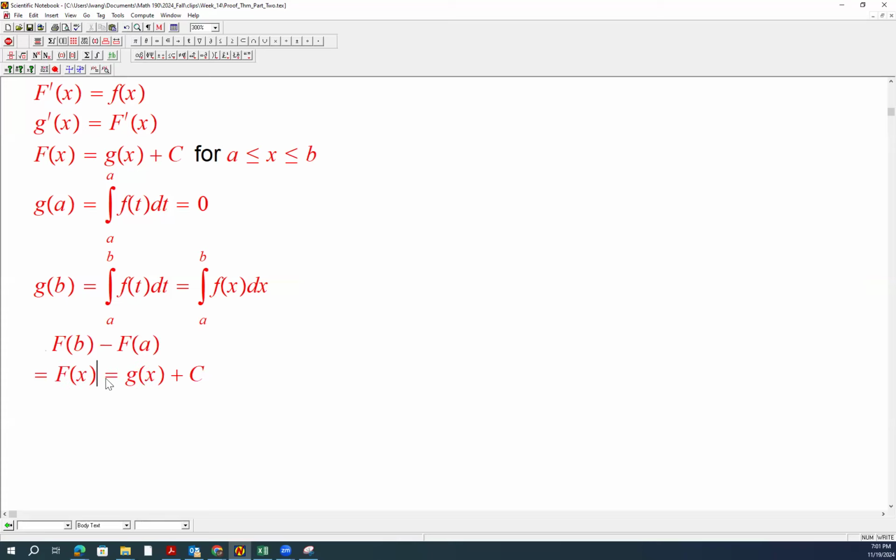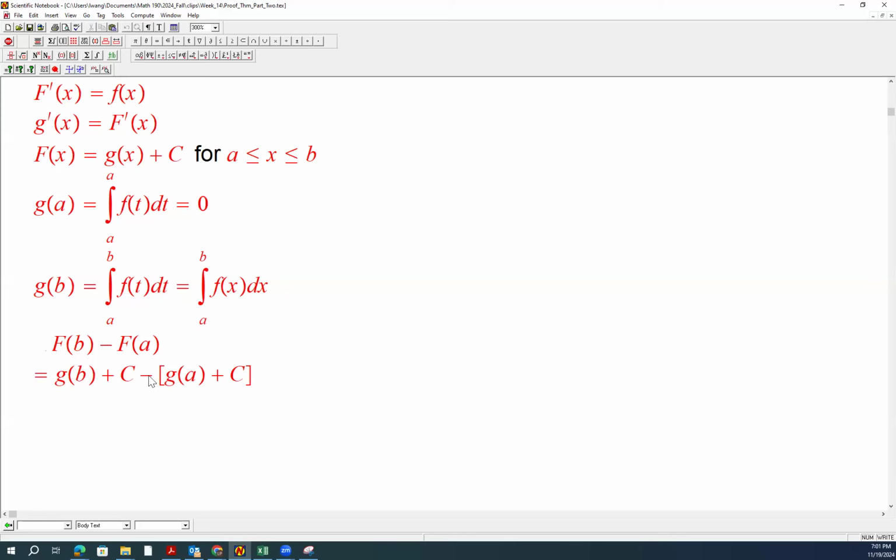Capital F of b minus capital F of a is g of b plus C, subtracting g of a plus that constant.